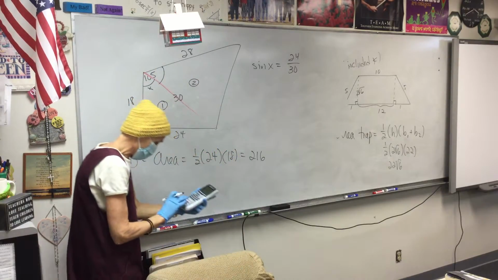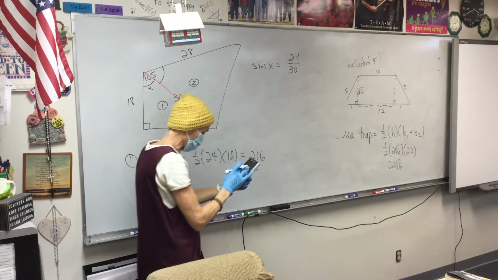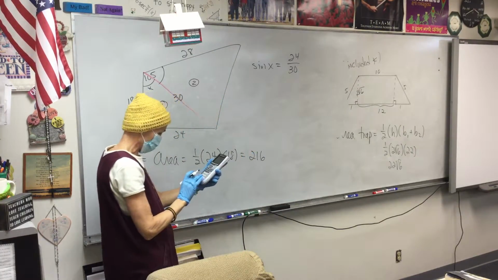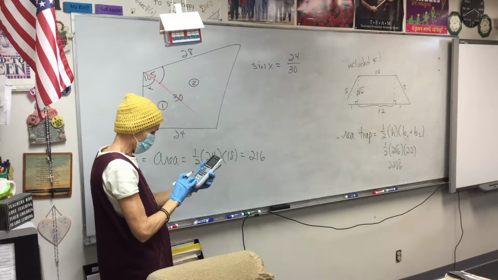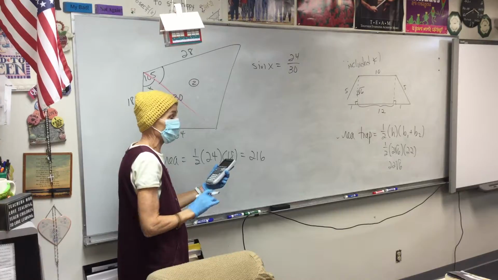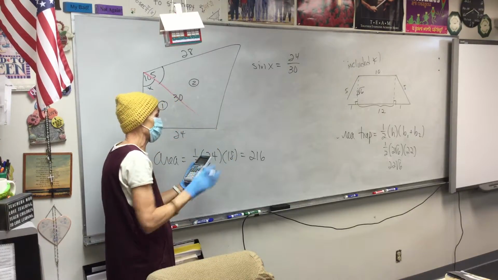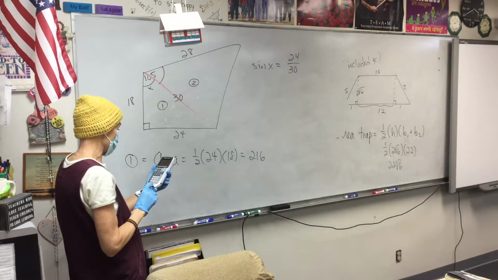Okay. Now, how do I find angle X? What do I type into my calculator? 24 divided by 30, right? And then what? Yeah, inverse sine, arc sine, sine -1.